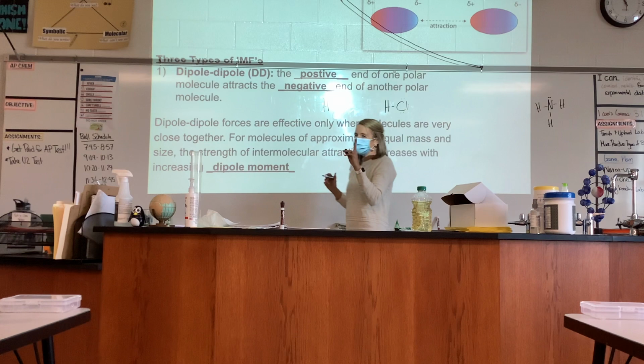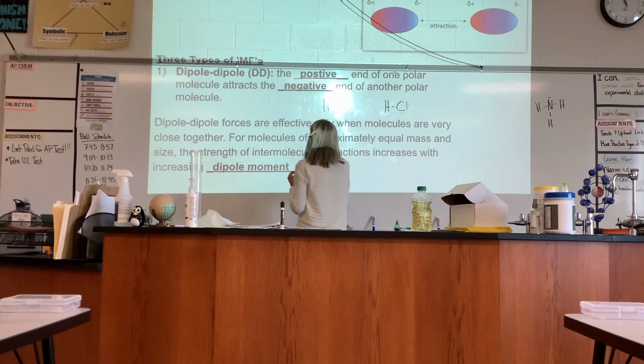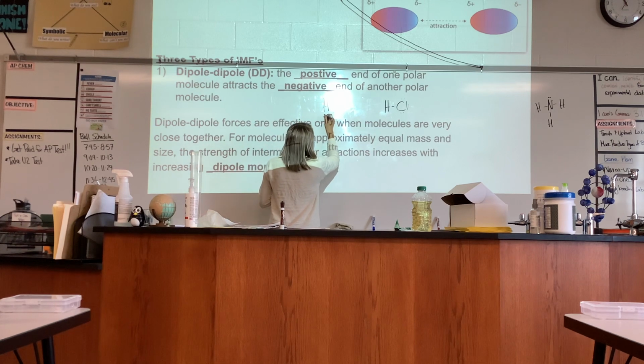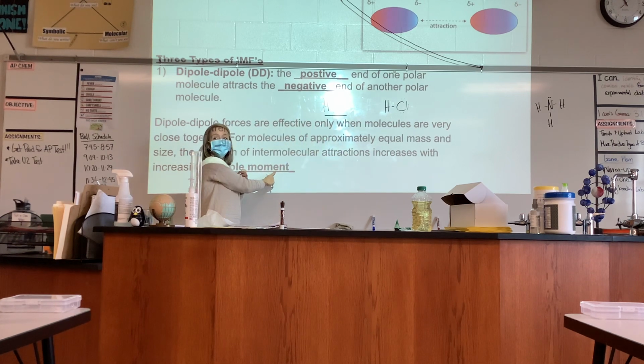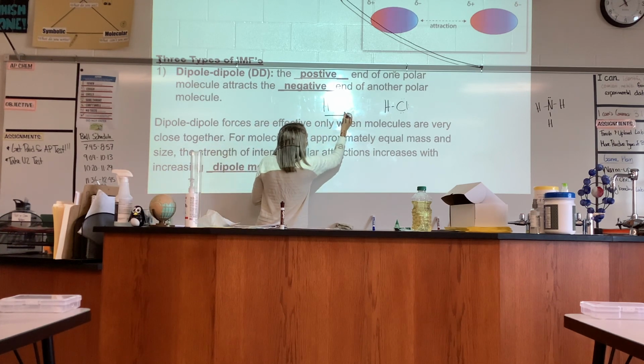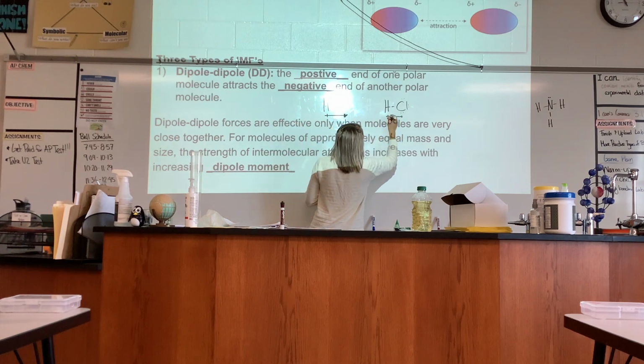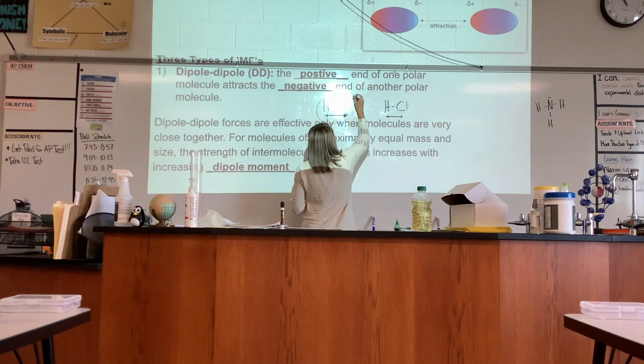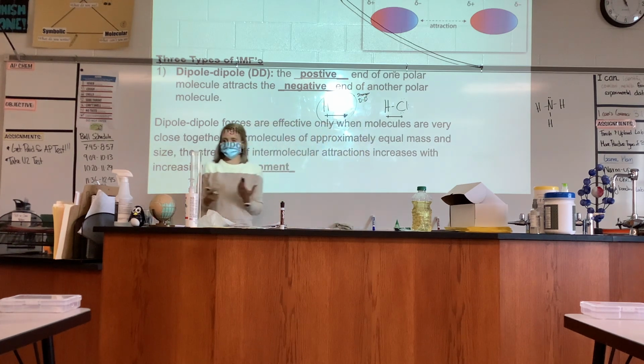So I'm going to draw two different arrows, two different sizes, just to prove a point. Since fluorine has a higher electronegativity, it has a greater dipole moment than this one, which would result in a stronger dipole to dipole force.